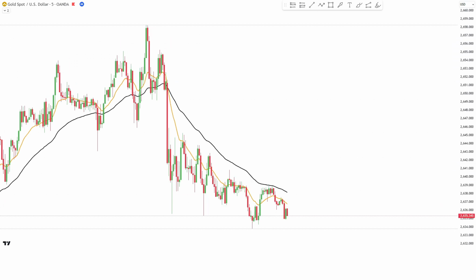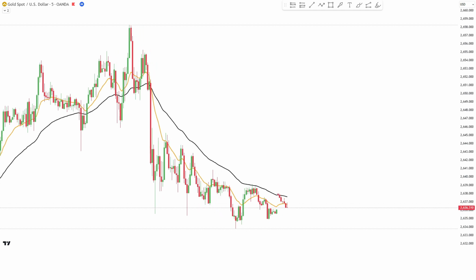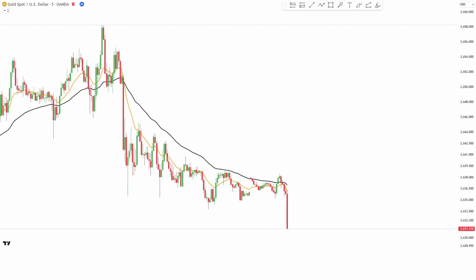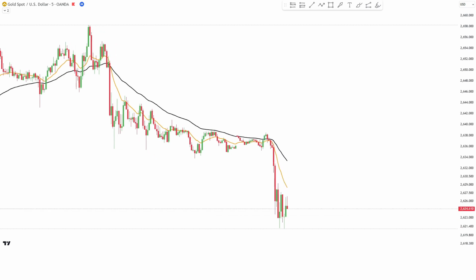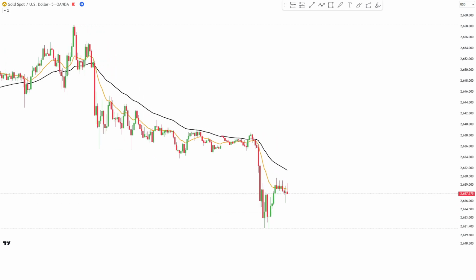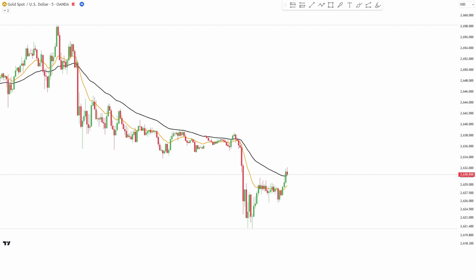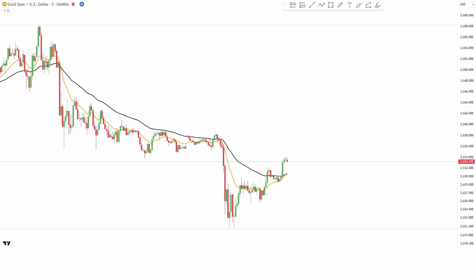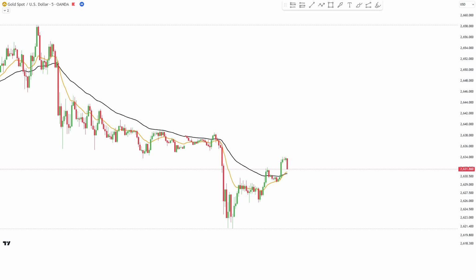If the 16-period moving average crosses the 50-period moving average upward, then we take a buy trade. Here is the buy signal confirmation. We take a buy trade here.